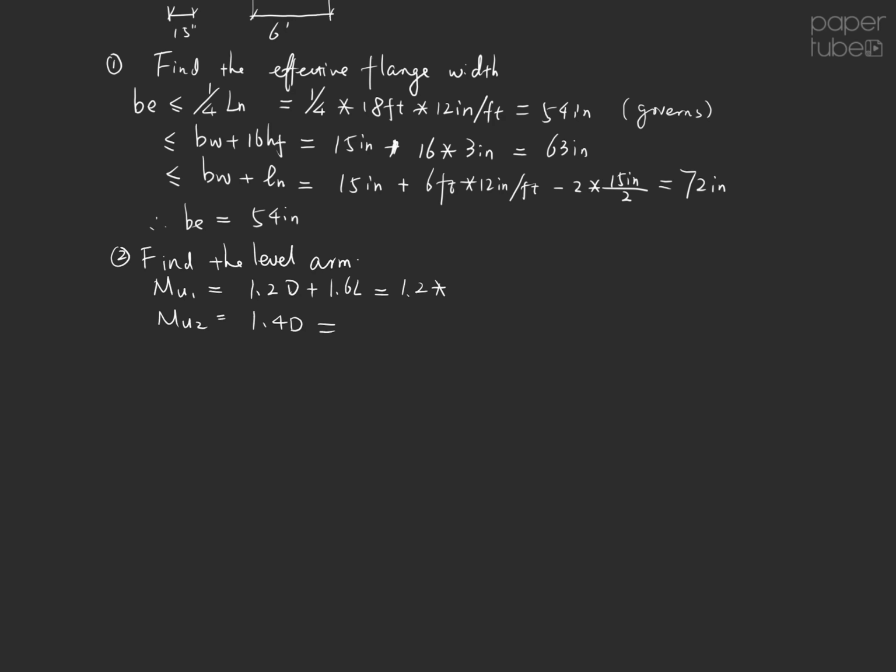If you put those numbers in, 1.2 times 200 kip-feet plus 1.6 times 425 kip-feet, that will give you 920 kip-feet for the first equation. The second equation, 1.4 times 200, that will give you 280 kip-feet. And the first one is governing.